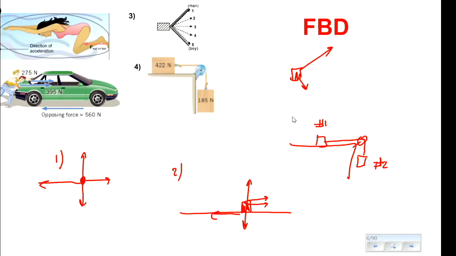Now, how many forces are acting on the object number two? Normally, there is no touching between ball and there's a pulley. So gravity force, and due to the string attached to it, we call force of tension. Object number one, same string is attached to it, so there is also force of tension.